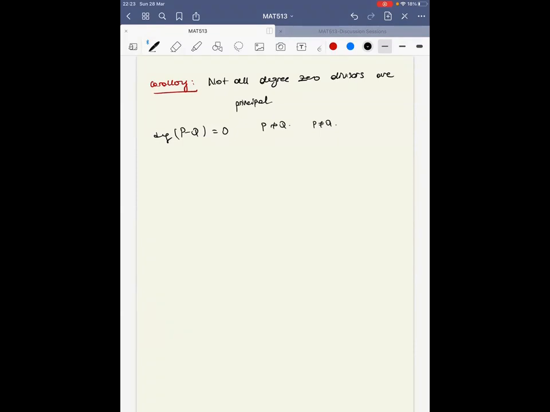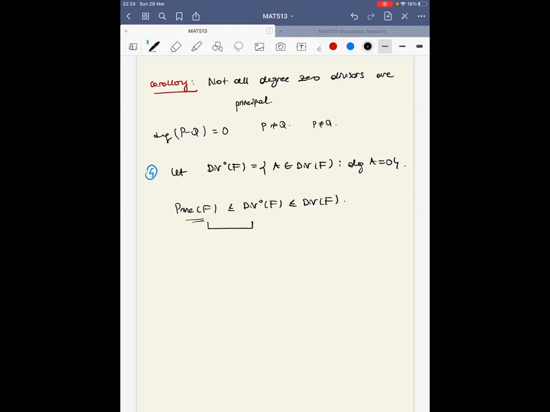And indeed, this observation also allows us to introduce the notion of degree 0 divisors. Indeed, it forms a subgroup of the divisor group, and it contains the principal divisors of the function field, because we know that every principal divisor has degree 0.